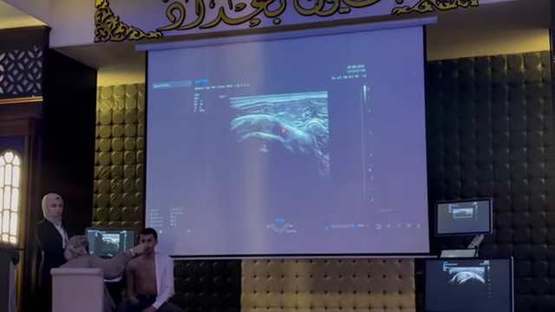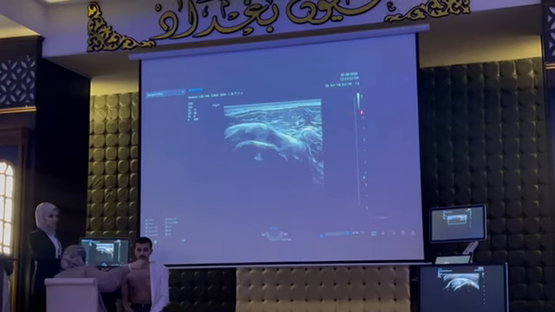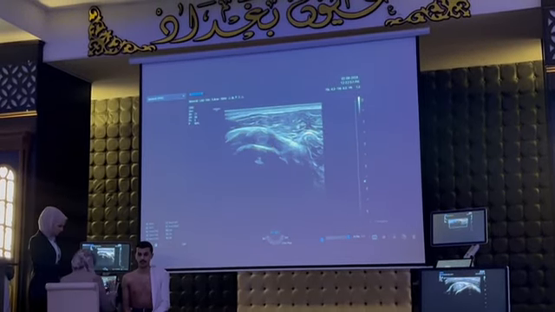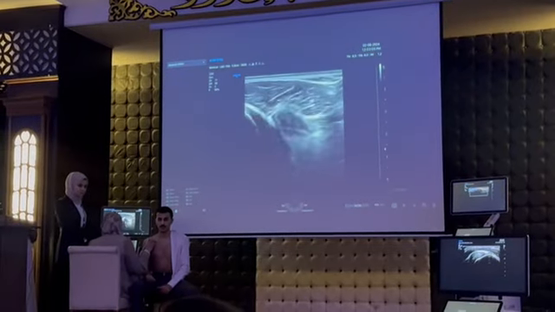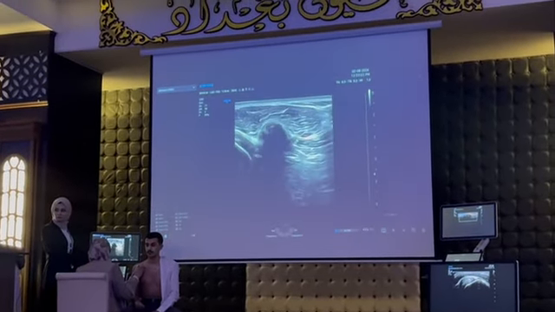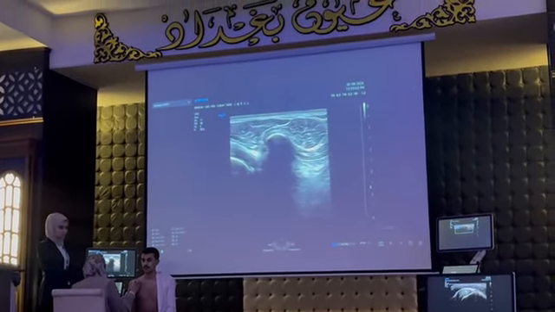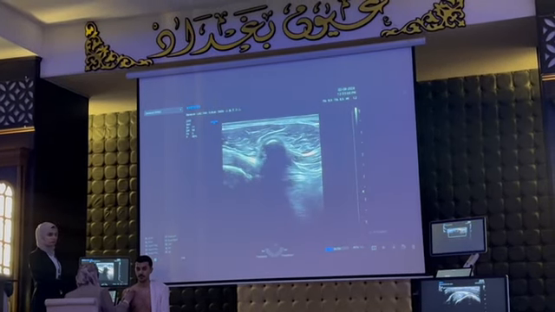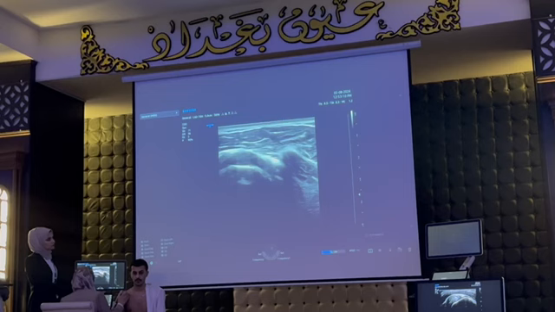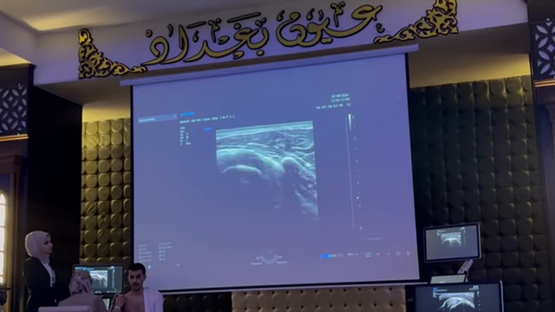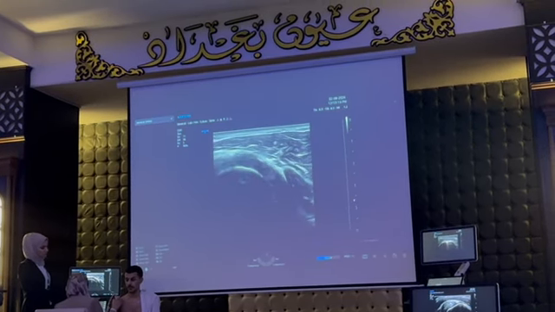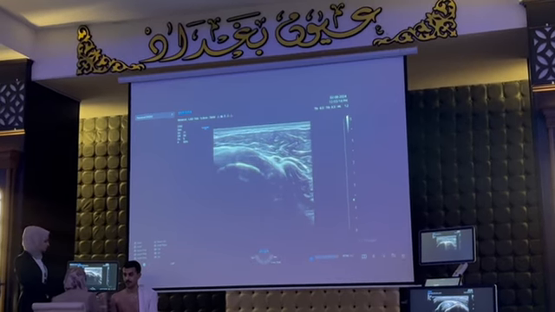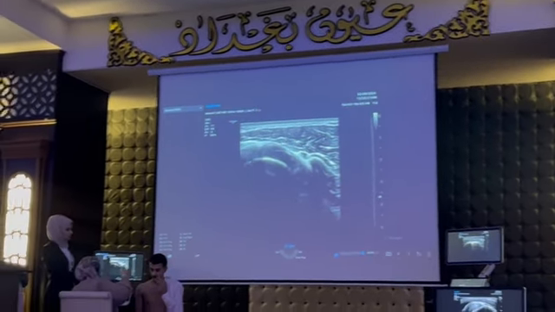We can do injection of the anterior shoulder joint from medial to lateral or from lateral to medial. Again, when I examine the coracoid process and subscapularis muscle, I put my probe here and make the right side of the probe cranial. You see? There is a back space surrounding the long head of biceps, appearing medial now.